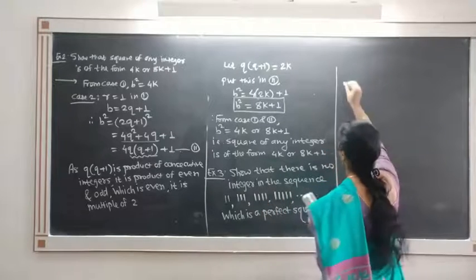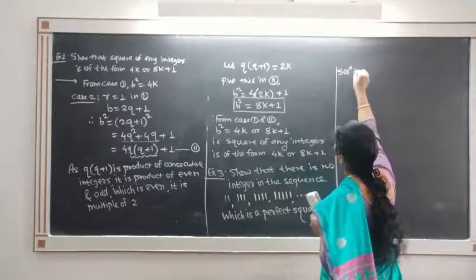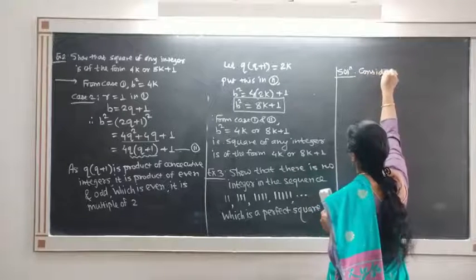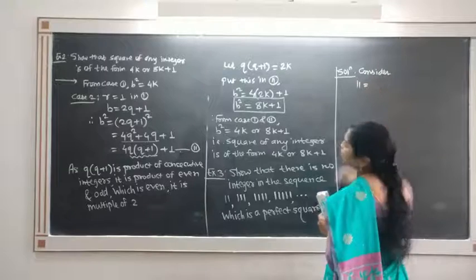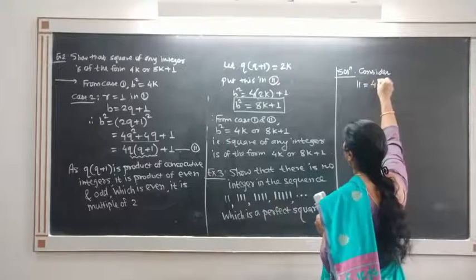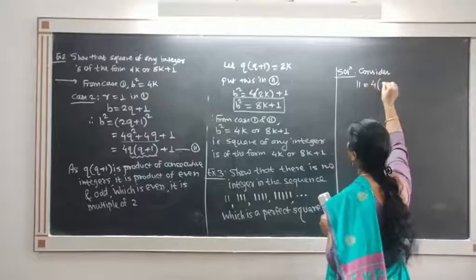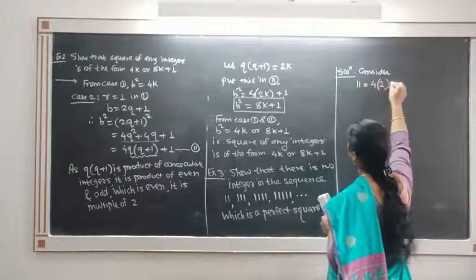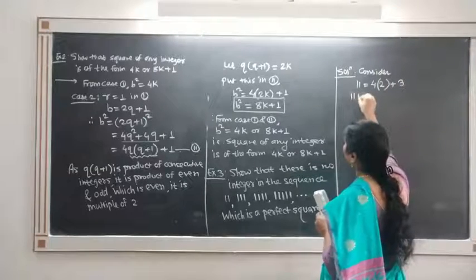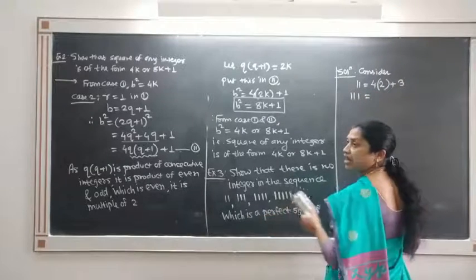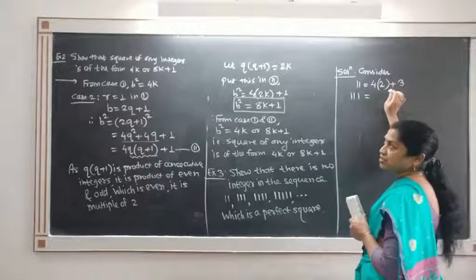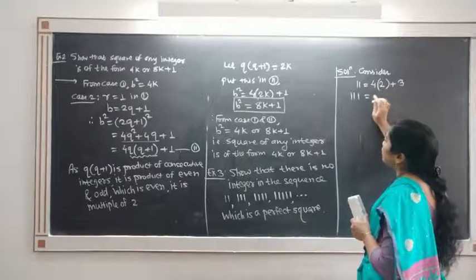Observe these values. If you see 11, and if you divide it by 4, we get 4 into 2, that is 8, plus 3. If you see 111, see what is happening.